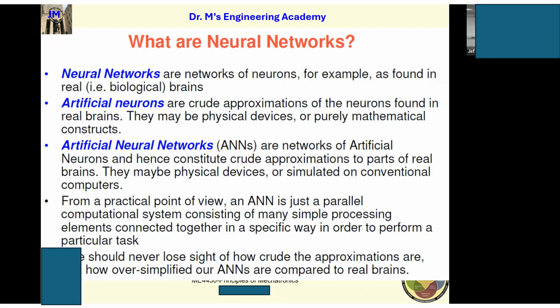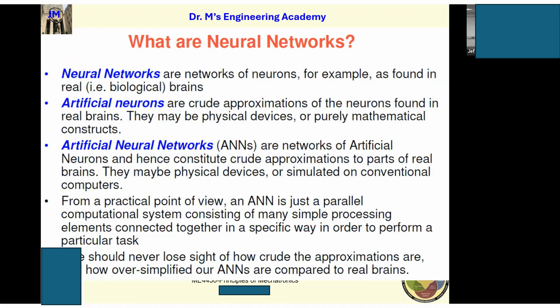They are made by people, artificial. So artificial neurons are crude approximations of neurons found in the real brain. You should know that this is an approximation, and they may be physical devices or purely mathematical constructs. So, a mathematical model. No matter how much effort we put into developing artificial neurons, I still believe that our biological neurons are the best in this universe.